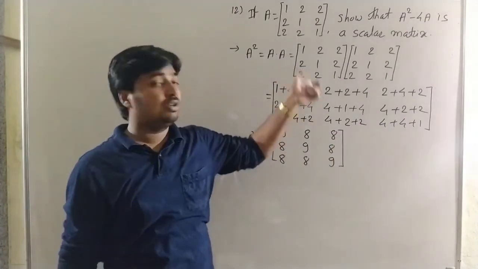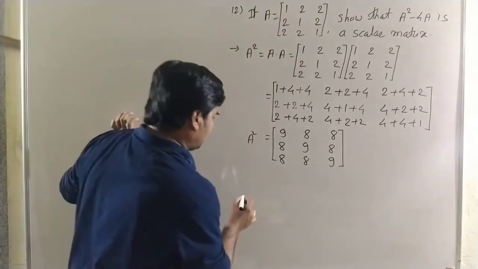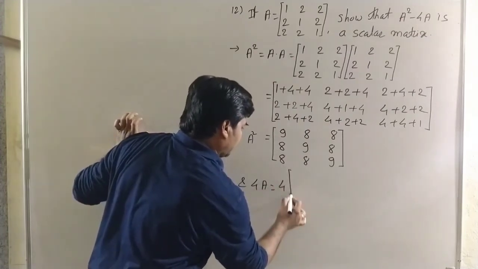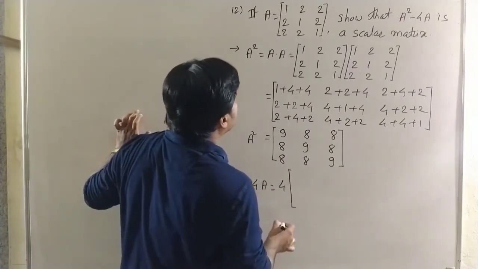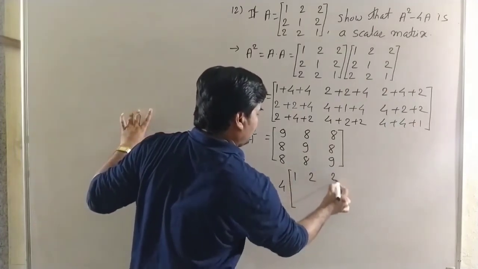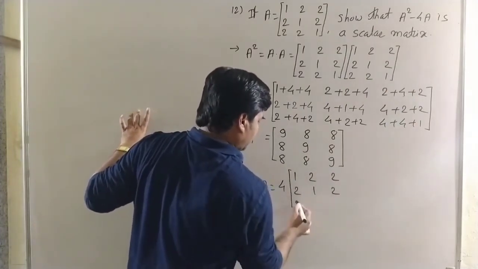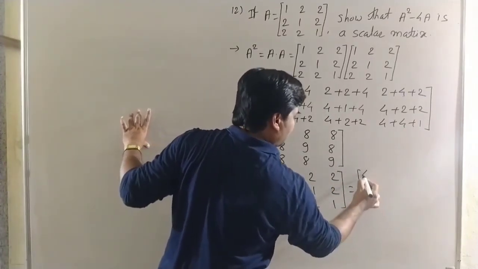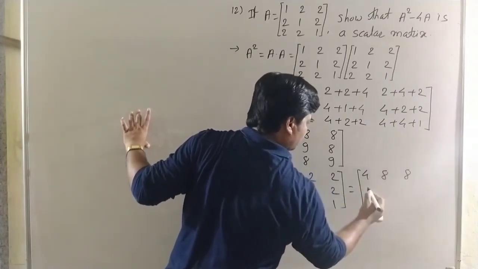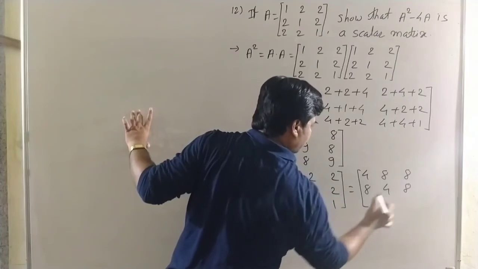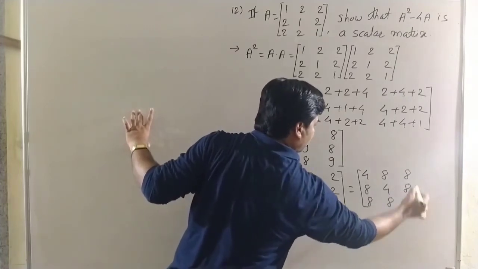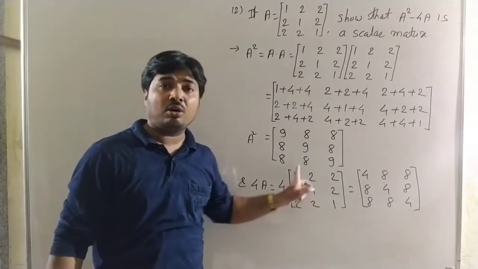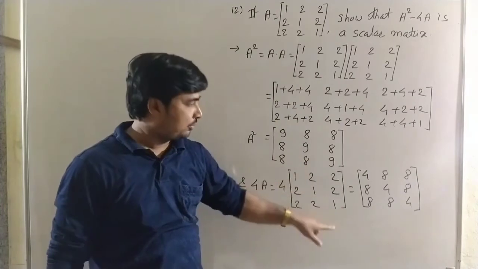Now we want to find A square minus 4A, therefore we find 4A, that is 4 into A, which is 4 8 8, 8 4 8, 8 8 4. Here 4 into matrix A means we multiply all elements of the matrix A by 4.